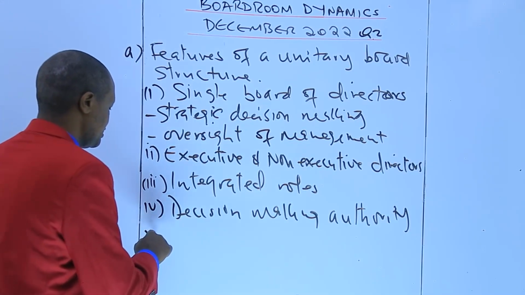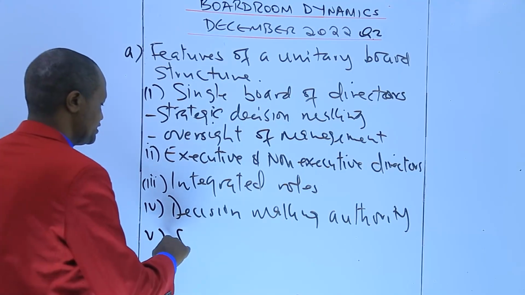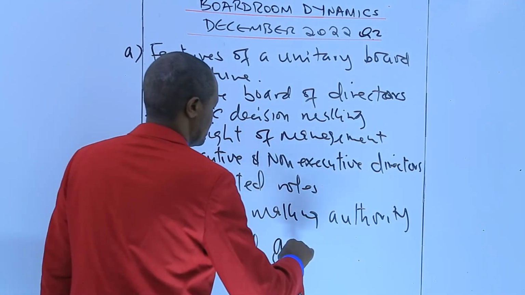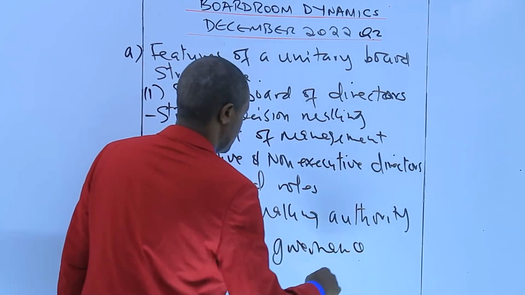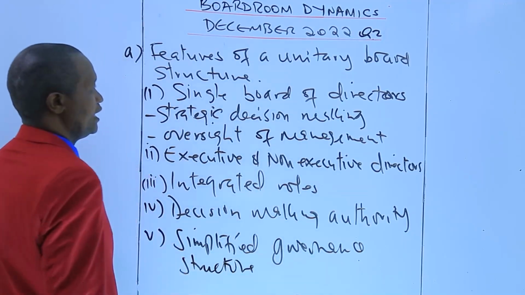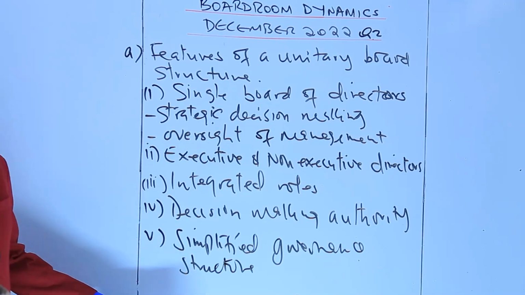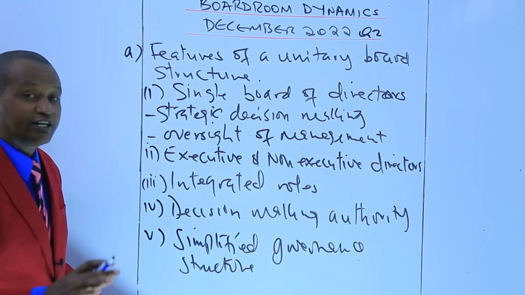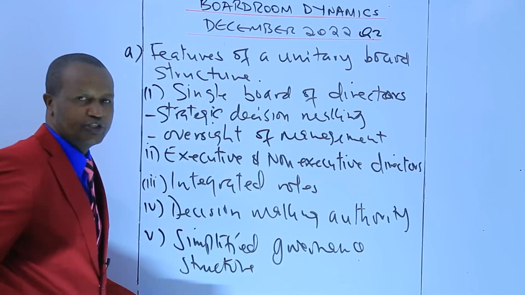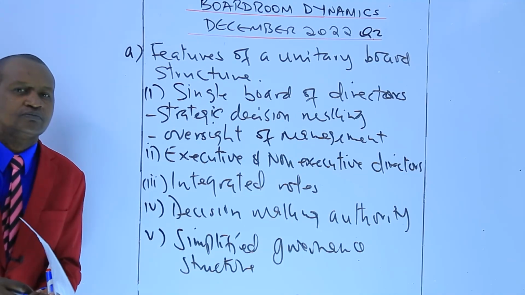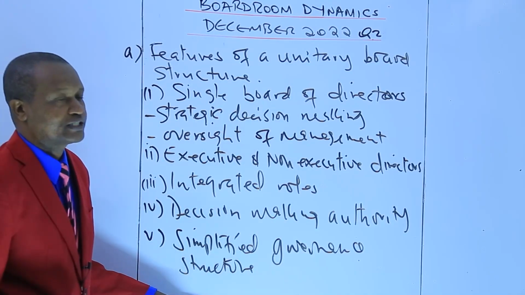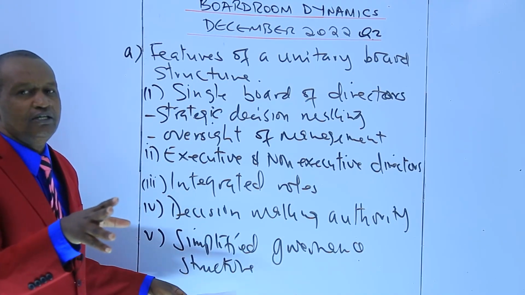Another feature is that this board has a simplified governance structure. A unitary board structure has a simplified governance structure compared to a two-tier board structure. A two-tier board structure is a board that has separate boards.